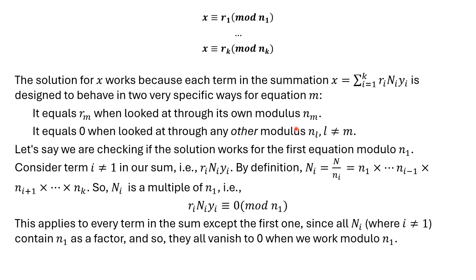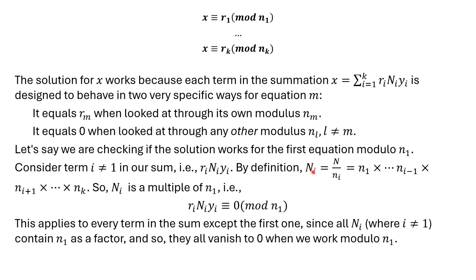So let's look at a particular case to make this a little bit clearer. We'll take m equal 1. In other words, we'll look at the first equation here. Consider any of the terms where i does not equal 1 in this summation with respect to this first equation. In other words, the term r sub i, n sub i, y sub i, with i not equal to 1.